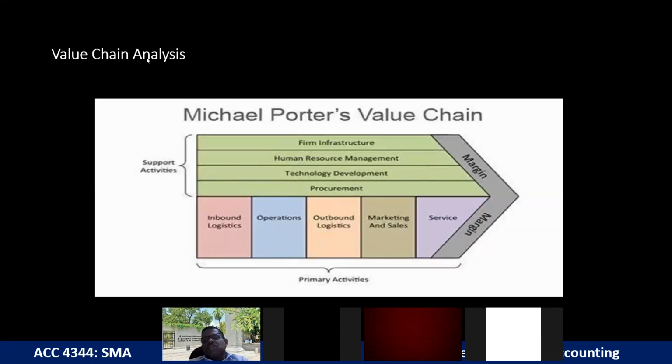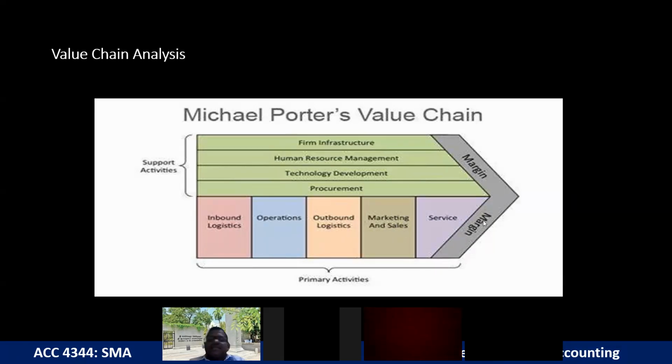Here is the value chain produced by Michael Porter. When you run a particular business, you have primary activities: inbound logistics, operations, outbound logistics, marketing and sales, services.